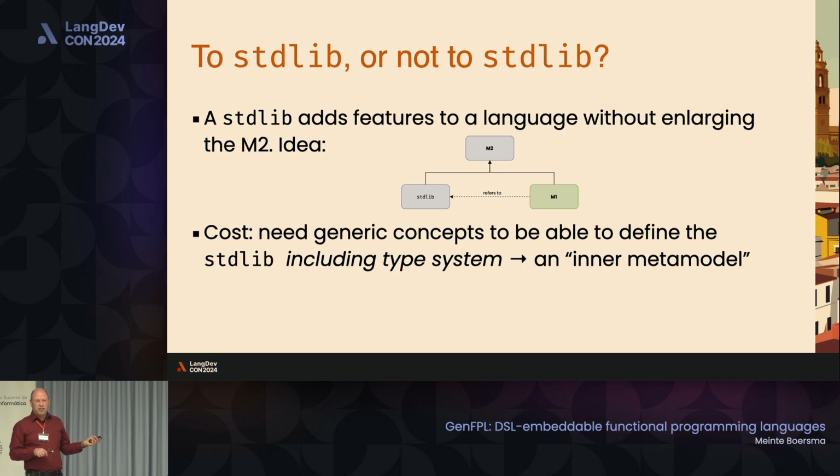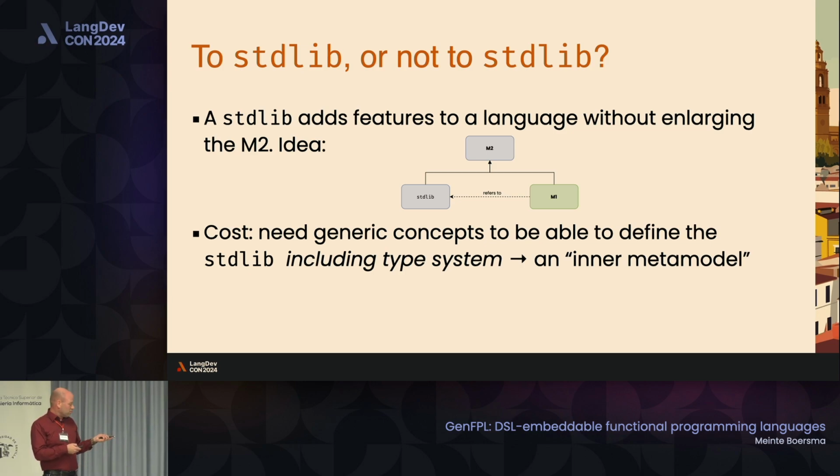For Java, that's a very sensible thing to do, but it does come with a cost, which is no problem for languages like Java to pay. And the cost is that you need generic concepts to be able to define this standard library, including things like type system, etc. And the unavoidable consequence is that you sort of get an inner meta model for this.